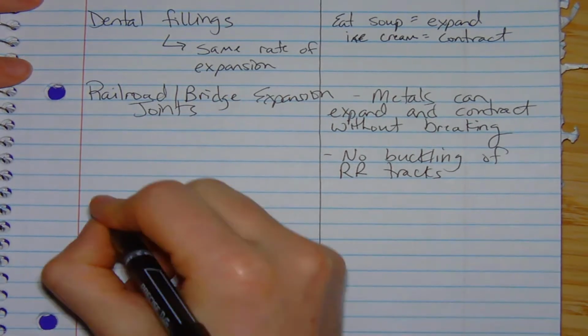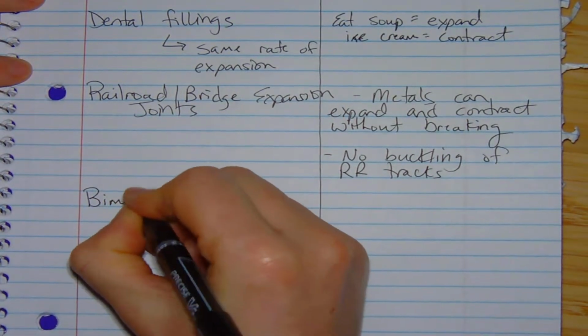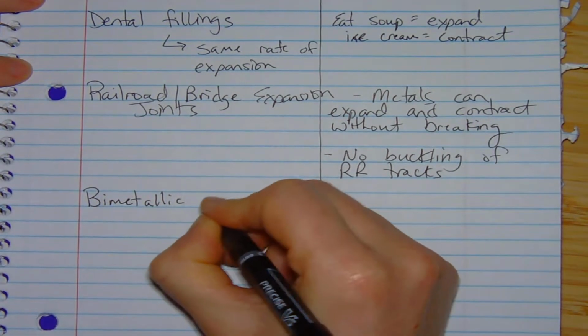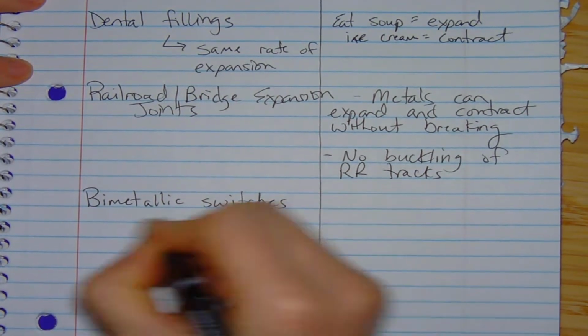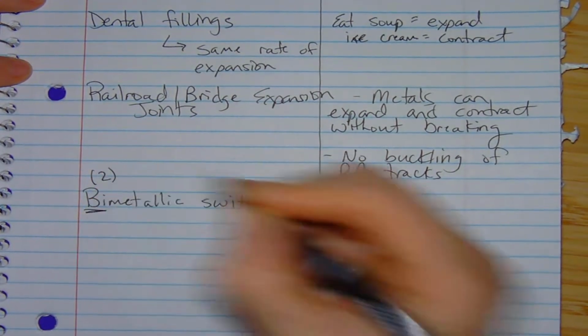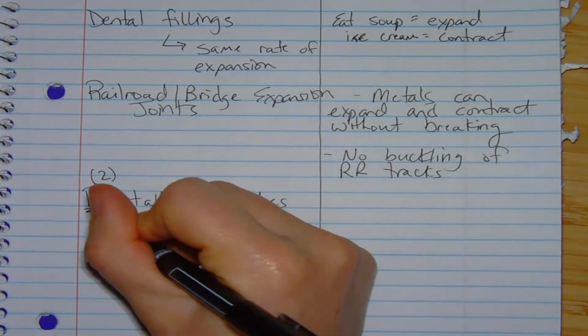Last thing we're going to talk about are what are called bimetallic switches. So think about the word bi. Bi infers two. Therefore, there's two types of metals.